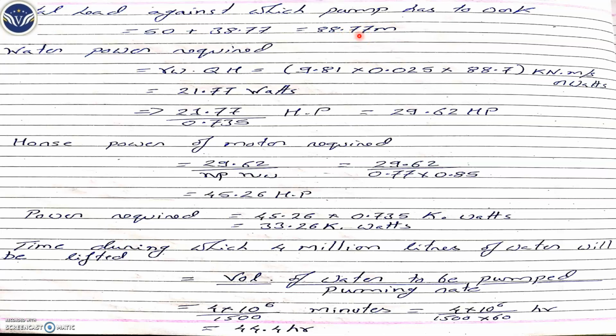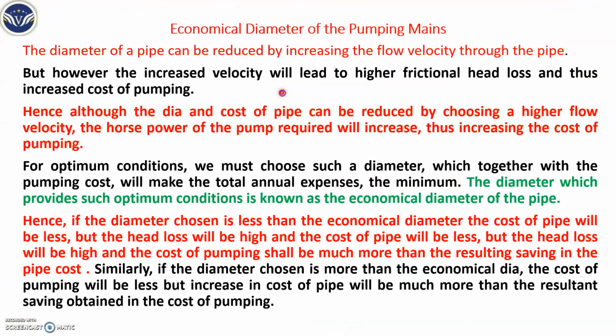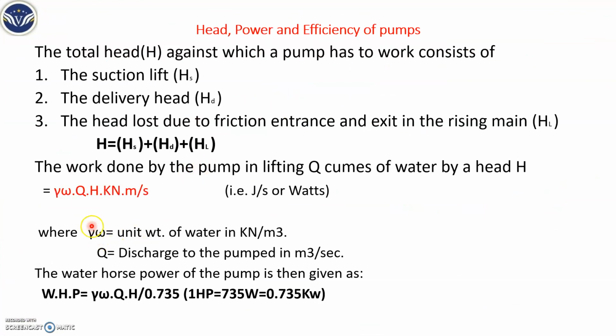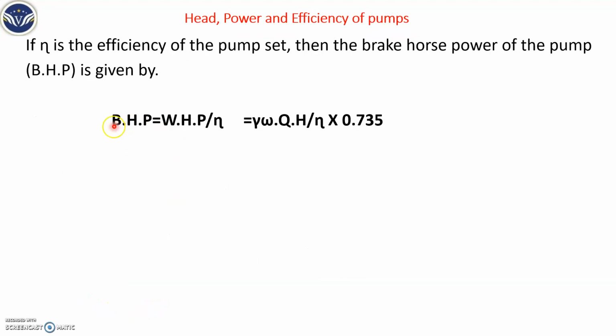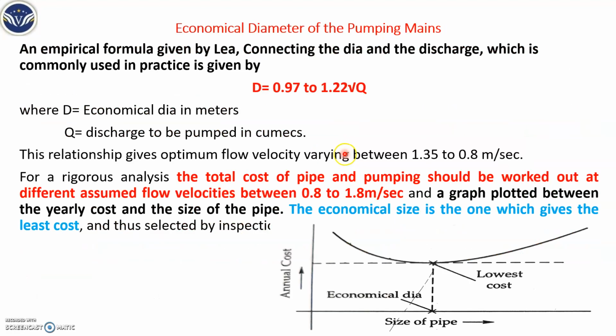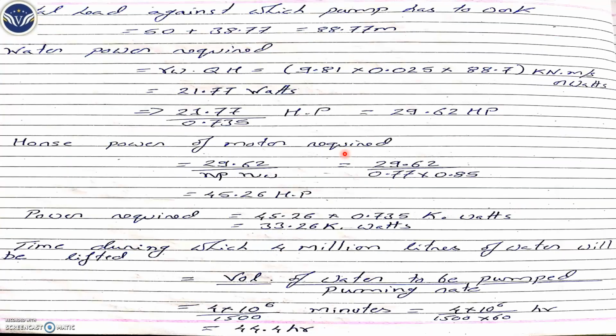So now we are using a power equation. This power equation, we can see in the previous part where I have stated the work done equations. The horsepower equation, the water horsepower equation, and the brake horsepower equation have been stated in the theory part itself. Now we are using those equations.